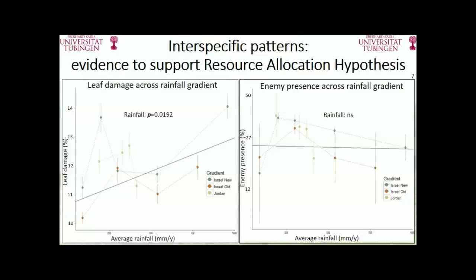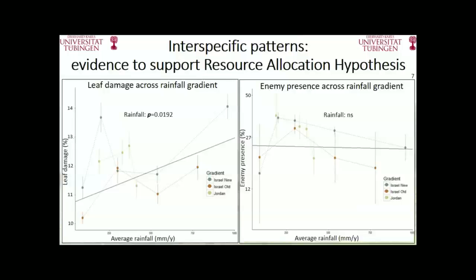So when we look at the results taken together at the interspecific level, pooling all the species together, we really do see evidence to support the resource allocation hypothesis. On the x-axis, on both graphs, we have average rainfall ranging from arid at 90 millimeters over here to Mediterranean of 1,000 millimeters on the other side. And here we have leaf damage across the rainfall gradient and enemy presence across the rainfall gradient here.